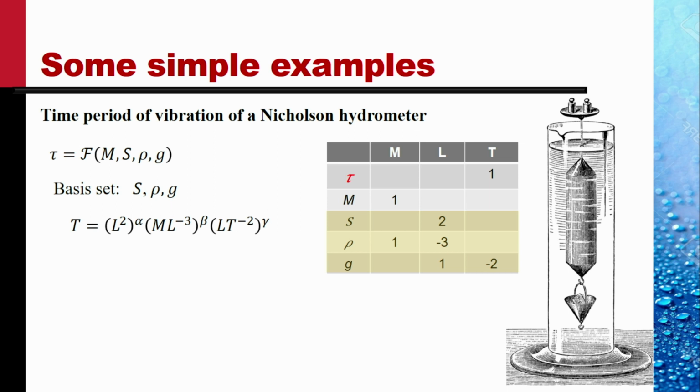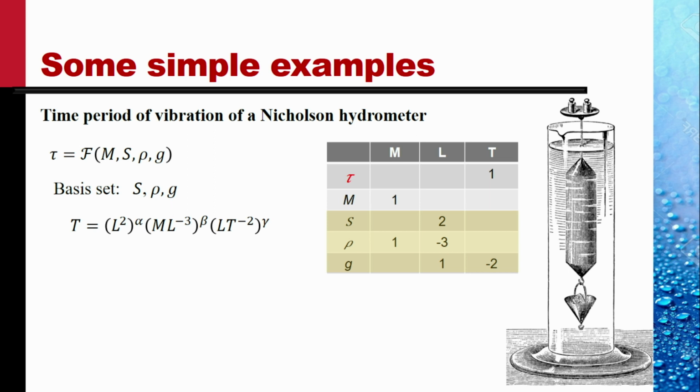S is L square, so this becomes L square raised to power alpha. Rho is M L minus 3, so this becomes M L minus 3 raised to power beta, and G is L T minus 2, so it becomes L T minus 2 raised to power gamma.